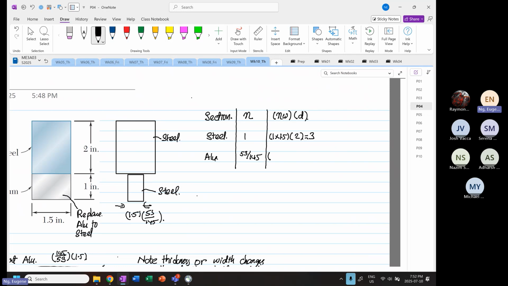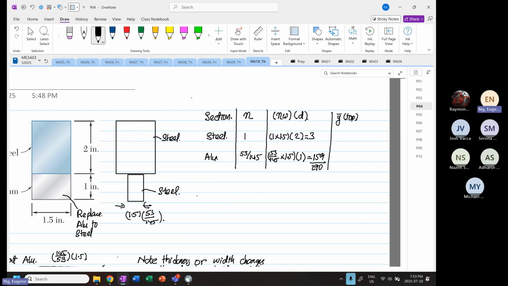And the next one is 53 over 145 times 1.5 multiplied by the depth of 1, because the aluminum part is 53 over 145 times 1.5. So it's equal to 159 over 290. Then next, we do the small y bar from the top.